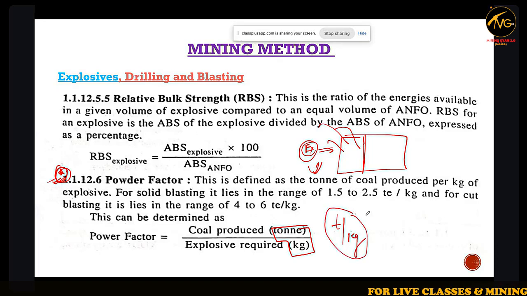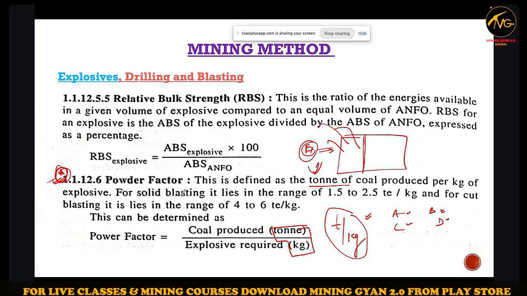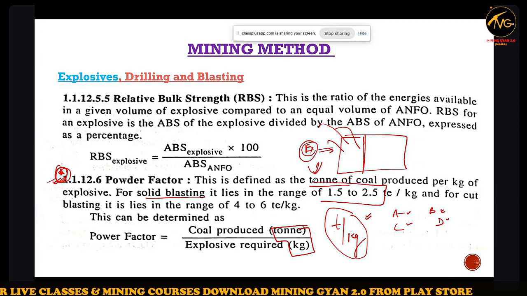Okay, so it will help you in A, B, C, D. Sometimes they use ton by kg, sometimes they use kg by ton. So you should know. So it is the coal produced per kg explosive is known as powder factor. For solid blasting, it lies within 1.5 to 2.5. For the cut blasting, it lies between 4 to 6 ton.